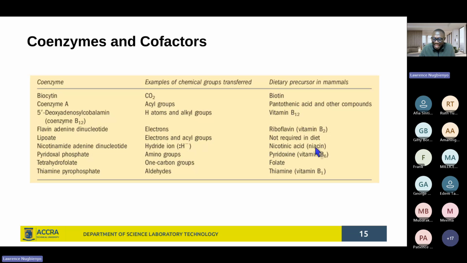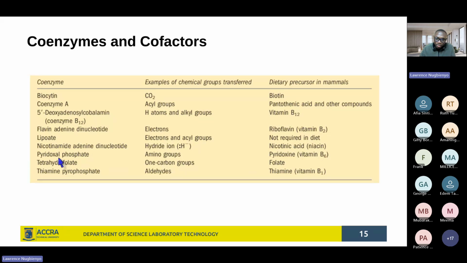Nicotinic acid, niacin. Also one of the vitamin Bs. You see it a lot. The vitamin B3, you see it when you buy vitamin B complexes and some multivitamins, you see all these things written on them.